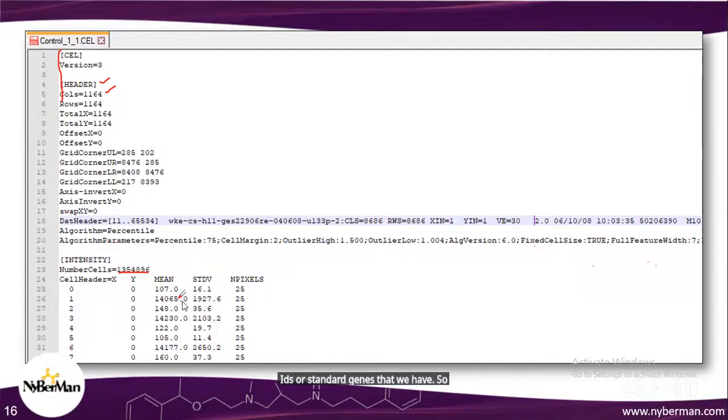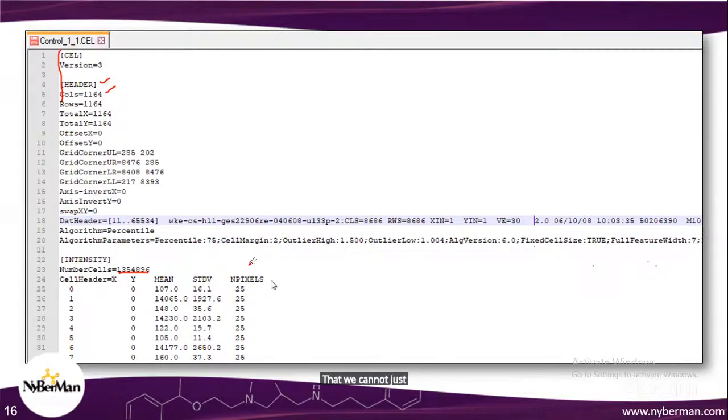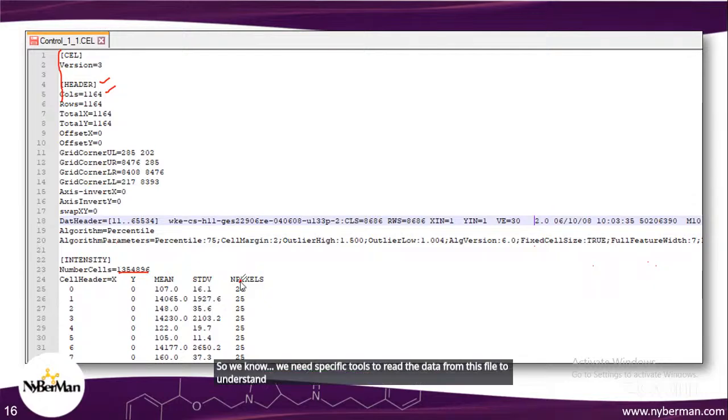The information is given in tabular format. These file formats are a special type of file that we cannot just open in Excel and perform the analysis. So we need specific tools to read the data from this file to understand the gene expression.